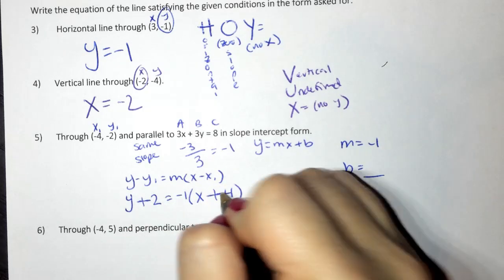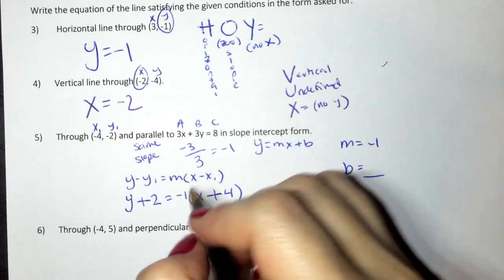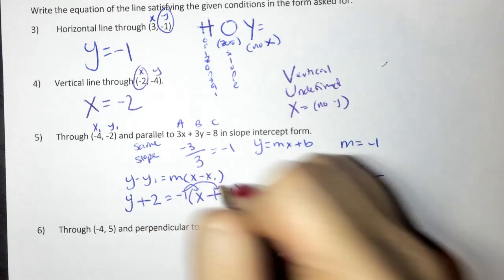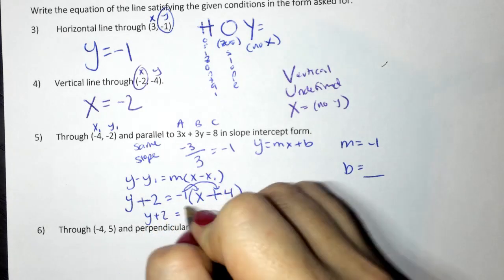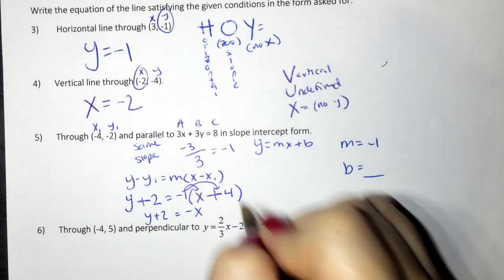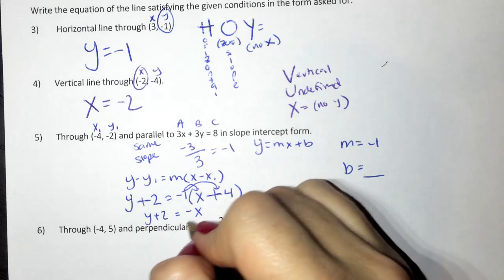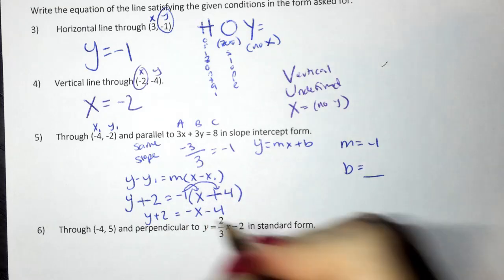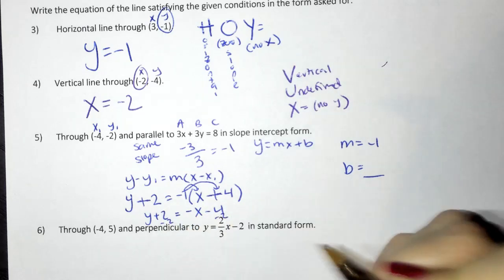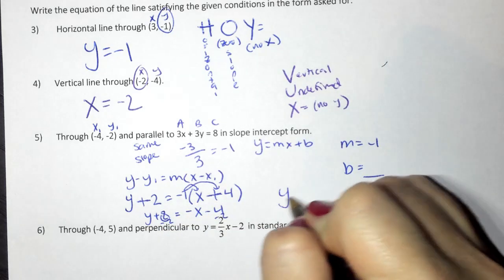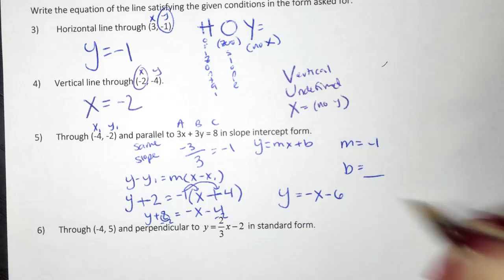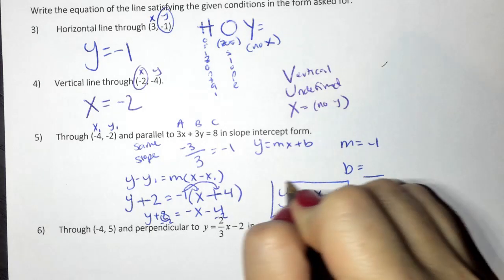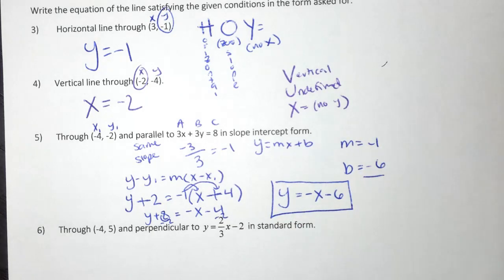So when I distribute, because that's what I do first, I have y plus 2 equals -x, or -1x is fine, and then I have -4, and I'm going to do minus 2, now y is by itself, and I have y equals -x minus 6. So my b is -6.